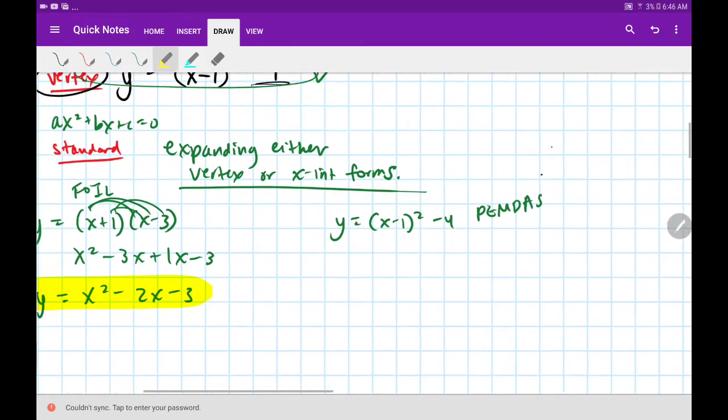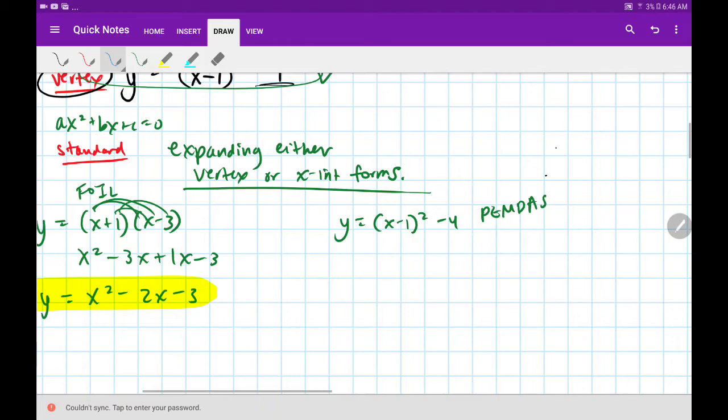Let's try vertex form here. So we're going to do kind of like order of operations. So we're going to do our parentheses first. Since x minus 1 doesn't simplify, next job is to do exponents. So I have to square x minus 1. That means multiply by itself. So we're going to FOIL this. That's x squared minus 1x minus 1x plus 1.